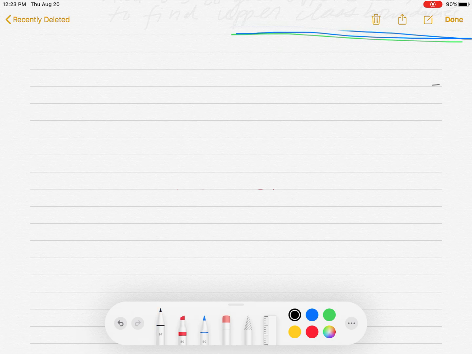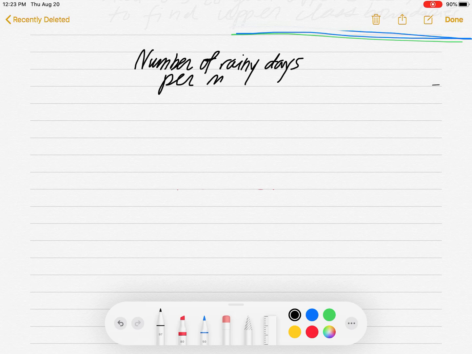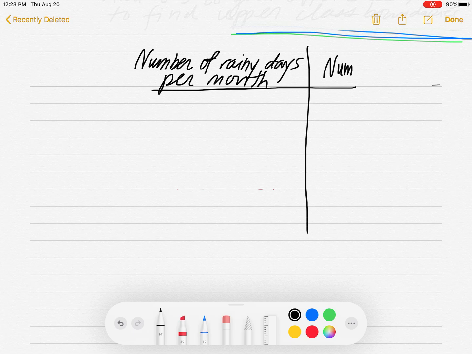So we had this frequency distribution a bit earlier. We had the number of rainy days per month. So these were our classes, and on the right, we had our frequencies, which were number of months.